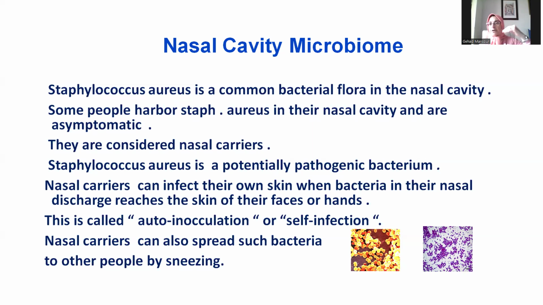They can be infectious to others, and other people might, for example, inhale the staphylococci and get the disease. So what's wrong with this? What is wrong is that those nasal carriers are asymptomatic. They do not show any symptoms and signs. And the risk comes from here.